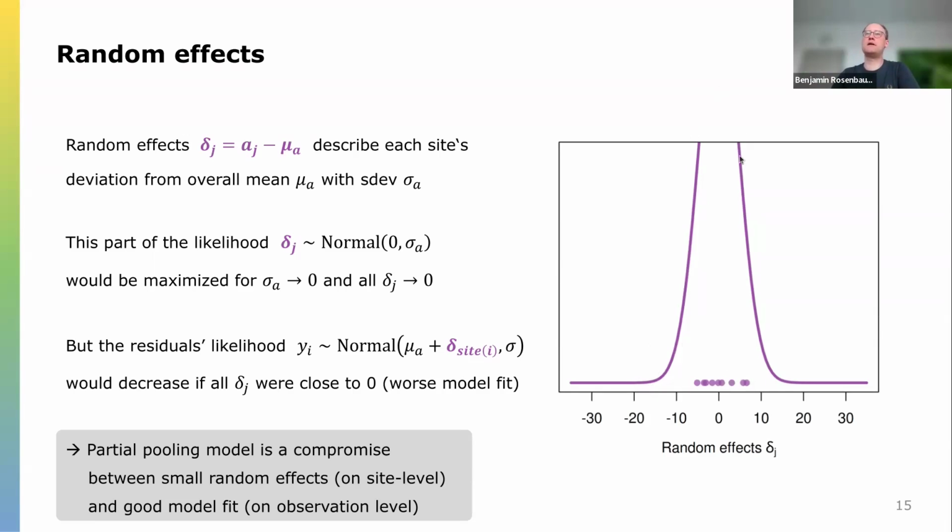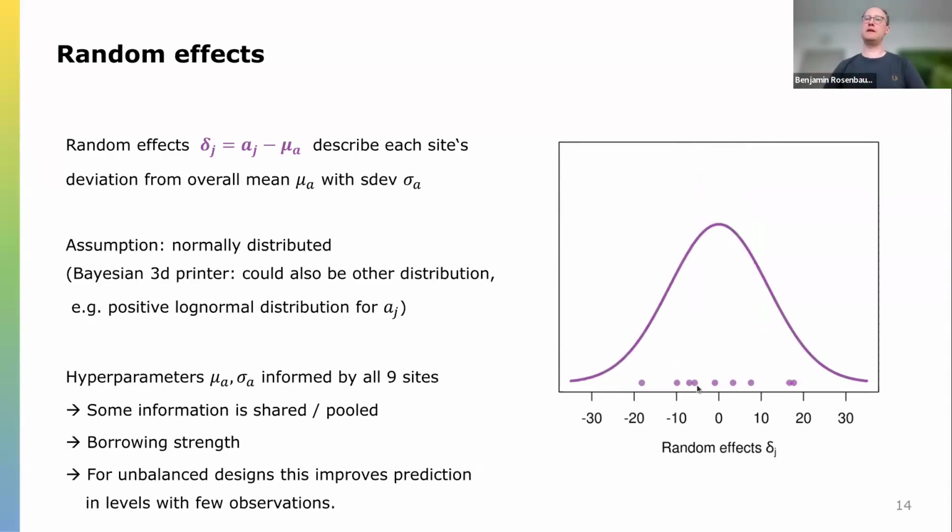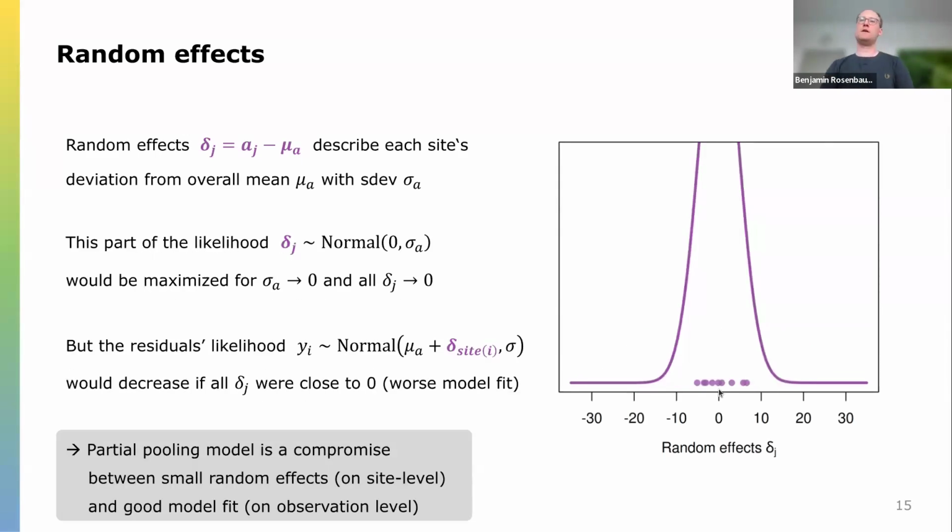And then the likelihood function here would increase, because if we shrink it or make it more narrow, it has to have larger values, because the area under this is always 1 as it's a probability distribution. So from this perspective of the model, these random effects would want to be as small as possible, right? To increase this part of the likelihood.